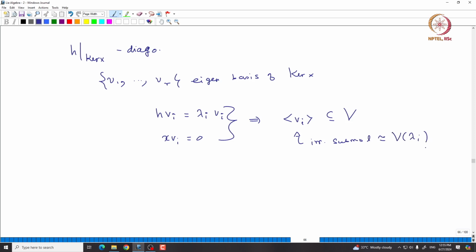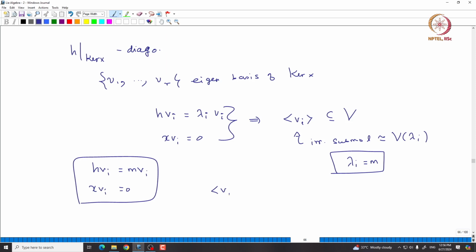But we already know that the only irreducible submodule that can be embedded inside V is V of m, for which m squared by 2 plus m becomes the eigenvalue of that Casimir operator C. So, that forces that this lambda i must be m. Okay. So, that means h v i must be m v i for all i and x v i is 0. So, each v i indeed generates a copy of V of m.